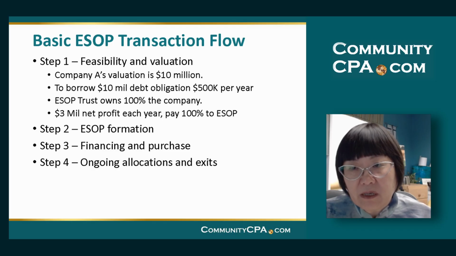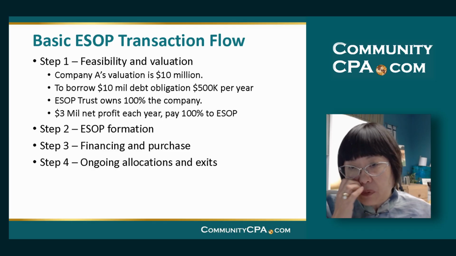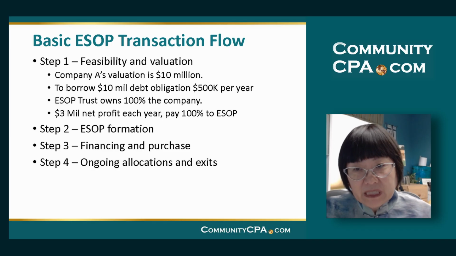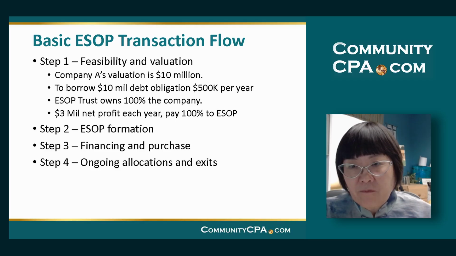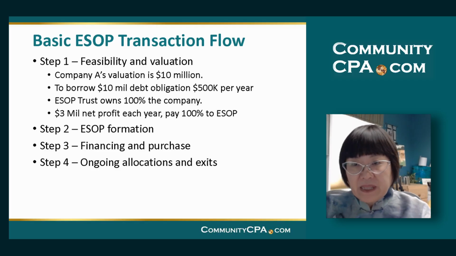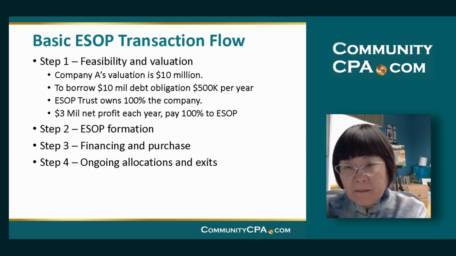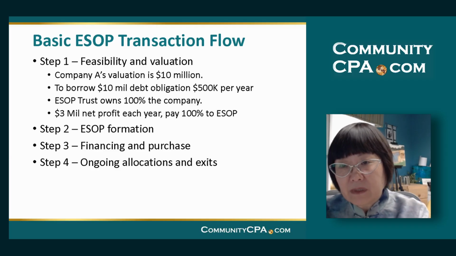Let's see whether the operation can support a leveraged ESOP, which means my client wants to take $10 million from the ESOP trust. Then the ESOP trust will go borrow that $10 million from a bank and collateralize it on the ownership of the company.